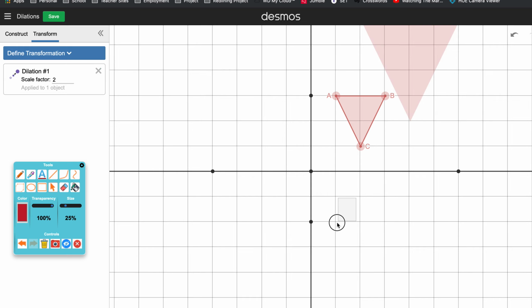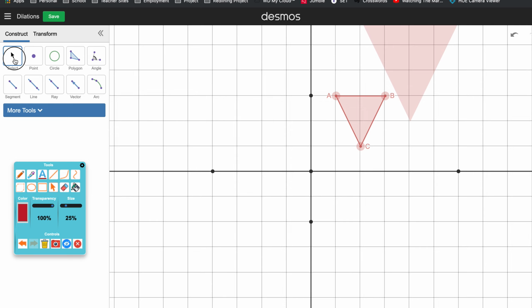Let me drag this down here. No, I can't drag it. But what I have done, now let me do this then. I can actually move this. So there.